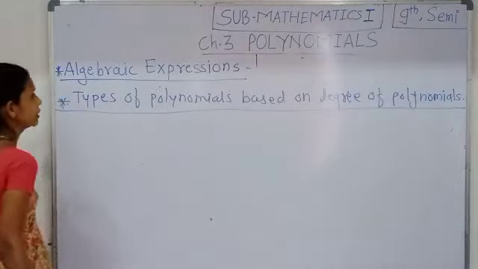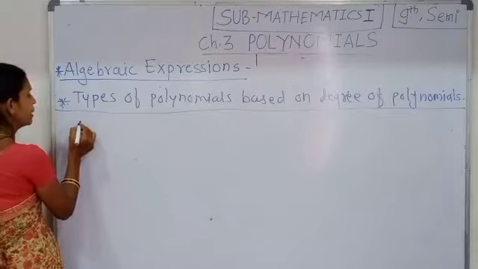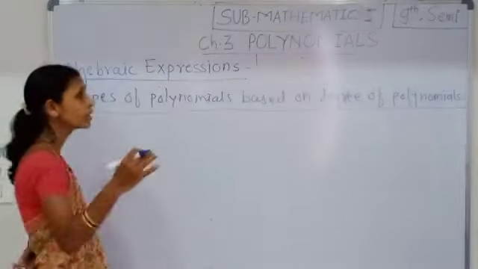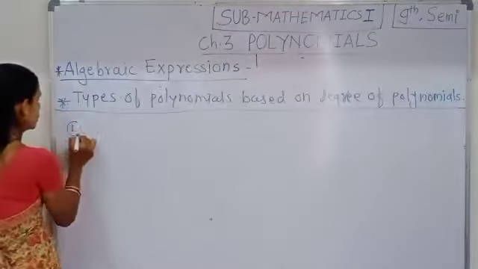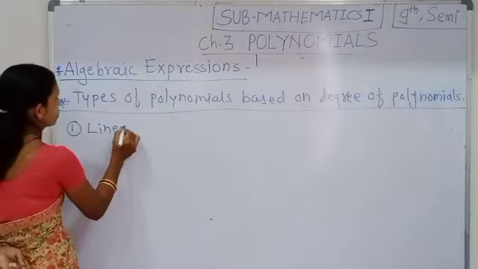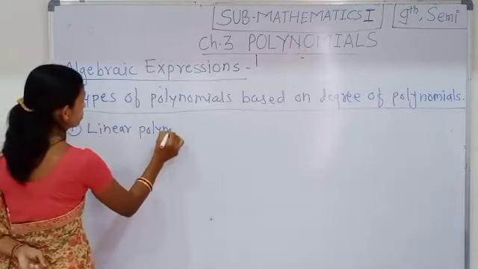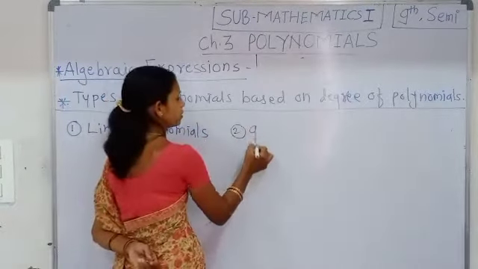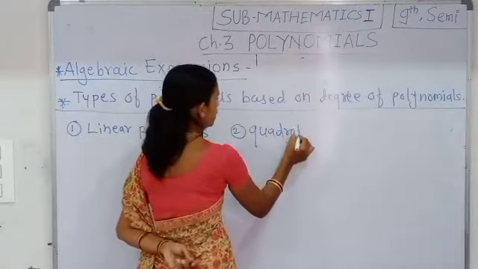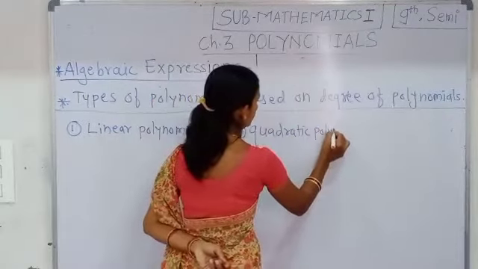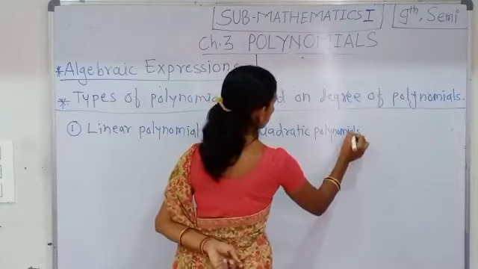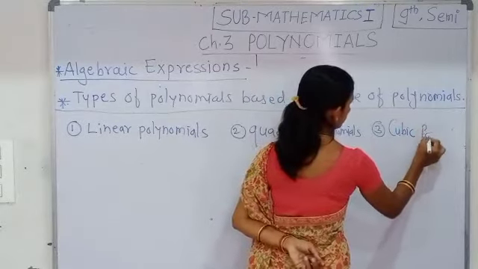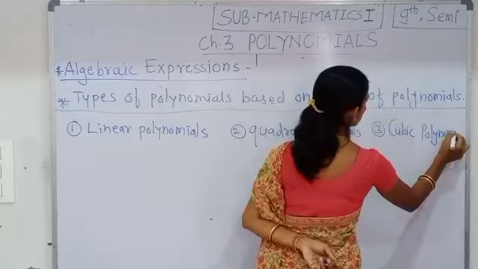Then see here, for example, these polynomials are classified into different types. First one, linear polynomials. Second, quadratic polynomials. And third one is cubic polynomials.